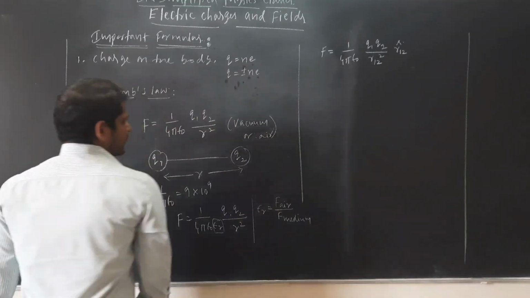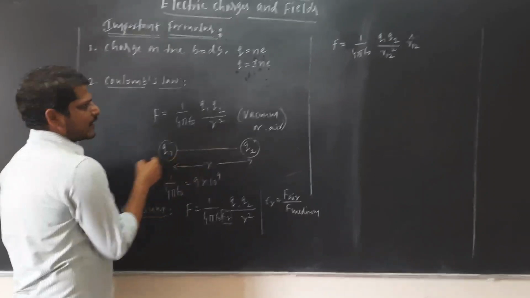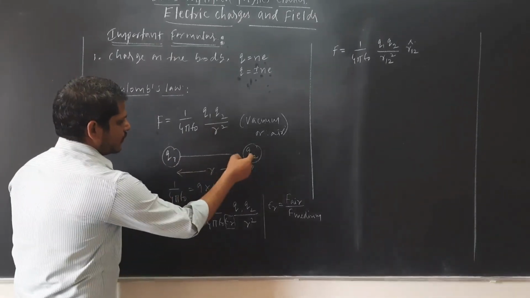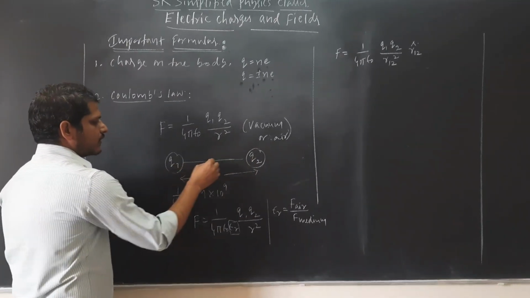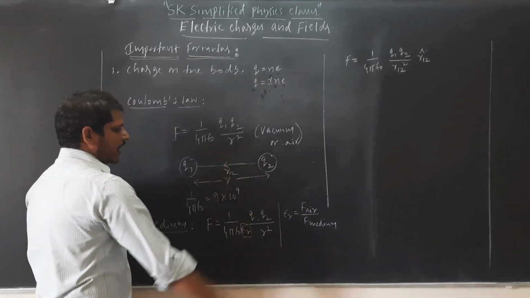Here the direction is important. So the unit vector direction is taken from Q2 to Q1. So this is given by R12.